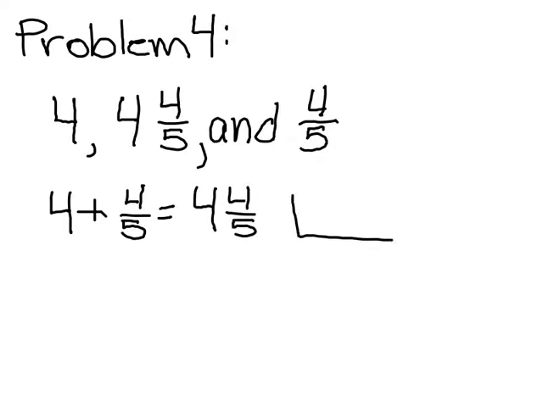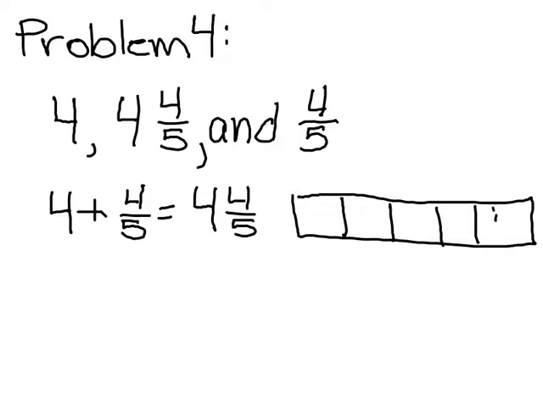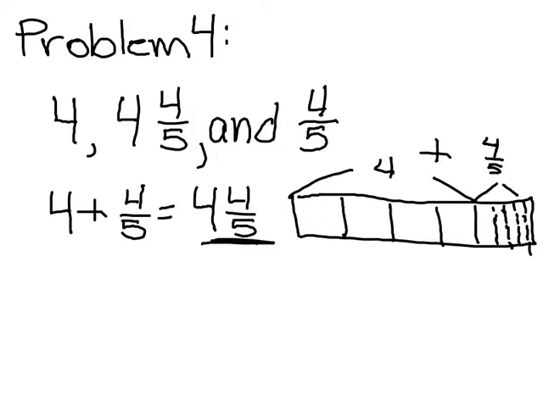We know that if we drew this out, we have 1, 2, 3, 4, and here's our 4/5. This is 4. Add them, and we end up with 4 and 4/5.